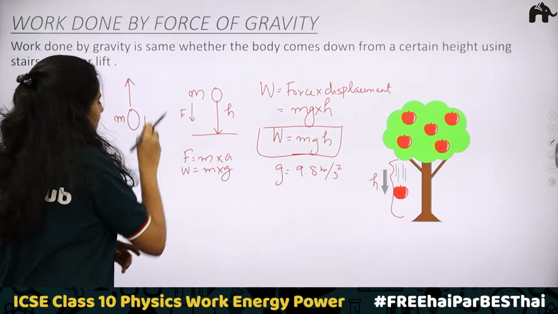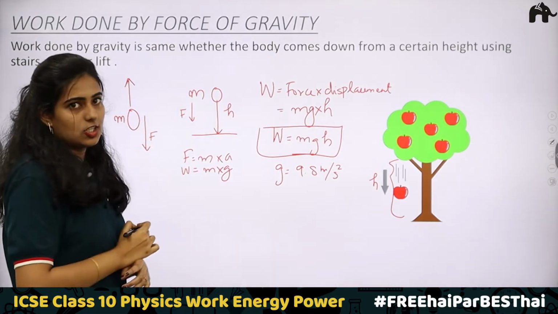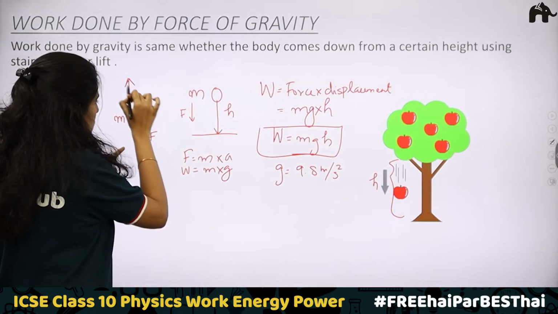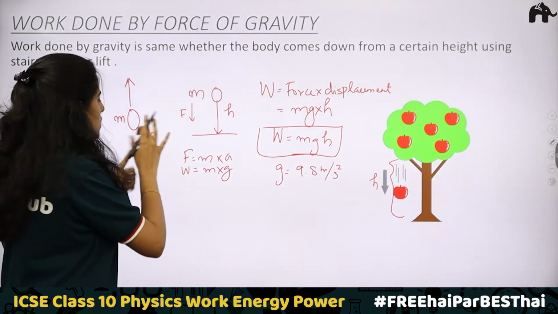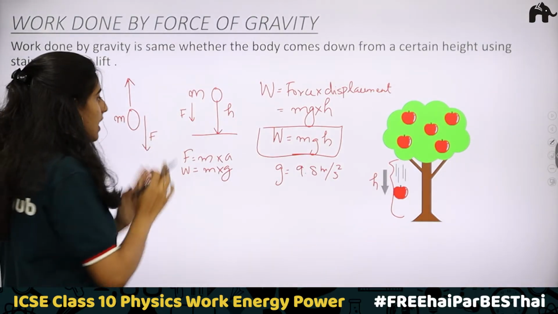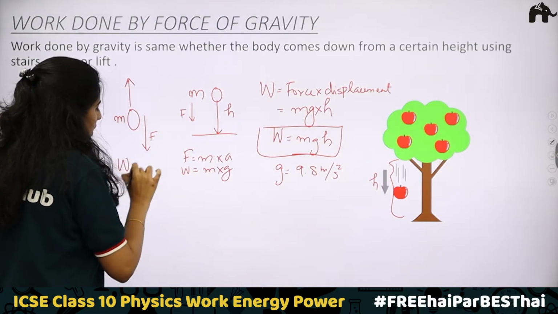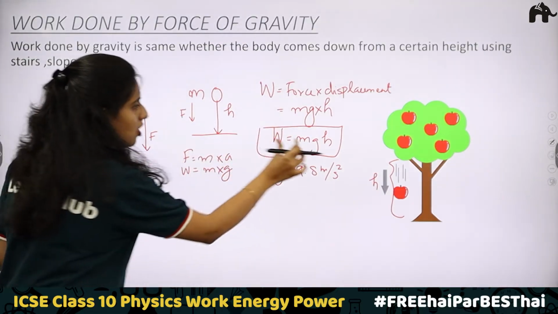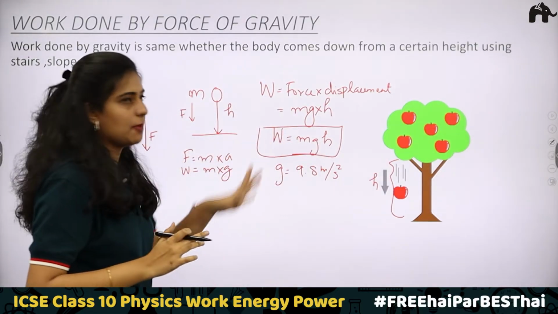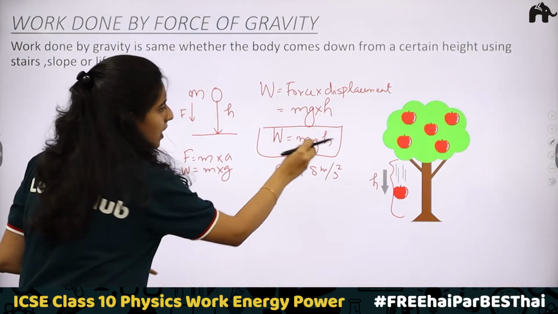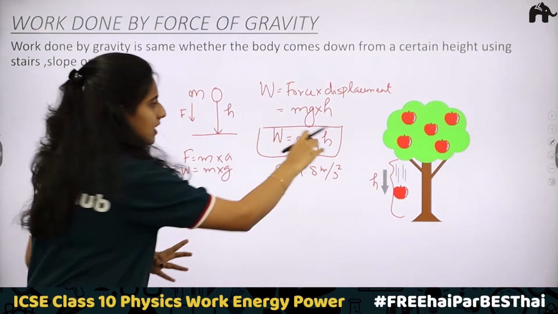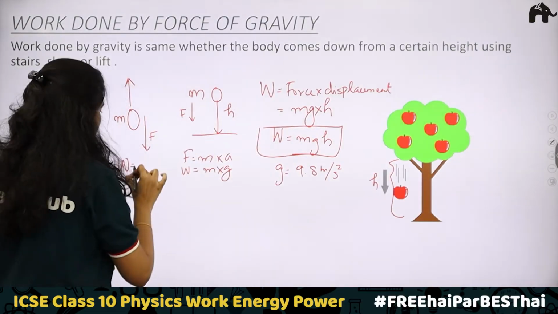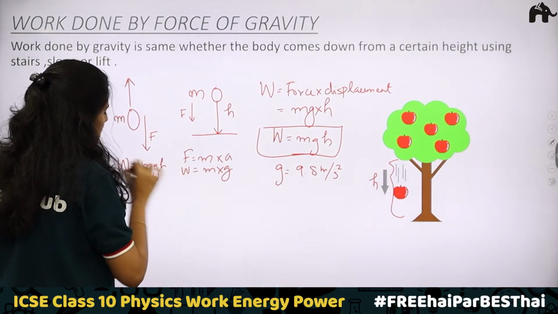Force of gravity will always be in the downward direction, which means the body is moving in a direction opposite to the direction in which force is applied. In that case, the work done will be negative. Here we got mgh, body of mass m. Mass cannot be negative. Then you have acceleration due to gravity. It can be negative. g can be negative, and h. So here minus mgh is the work done.